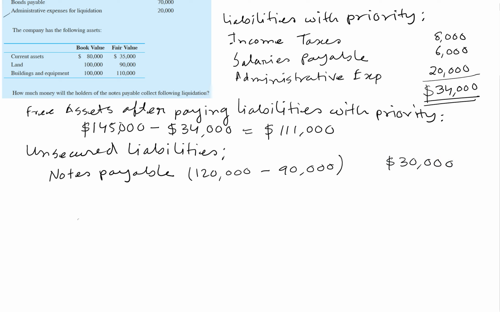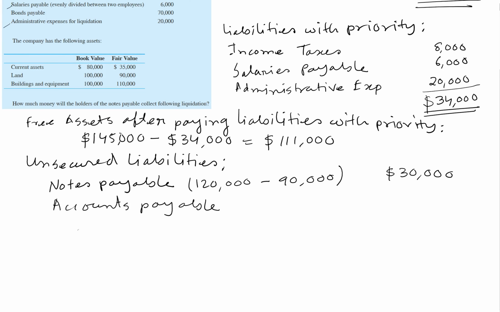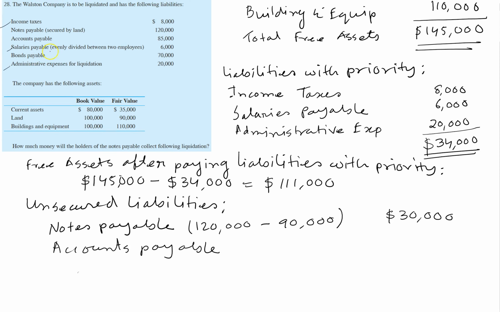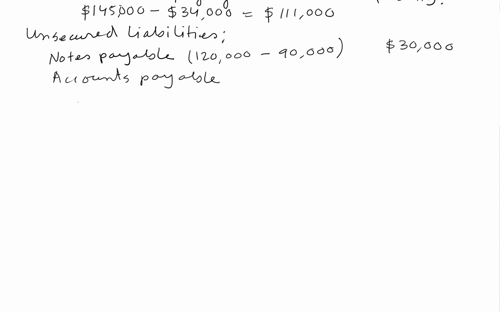And we have accounts payable, which is not at all secured, $85,000, and bonds payable, $70,000.